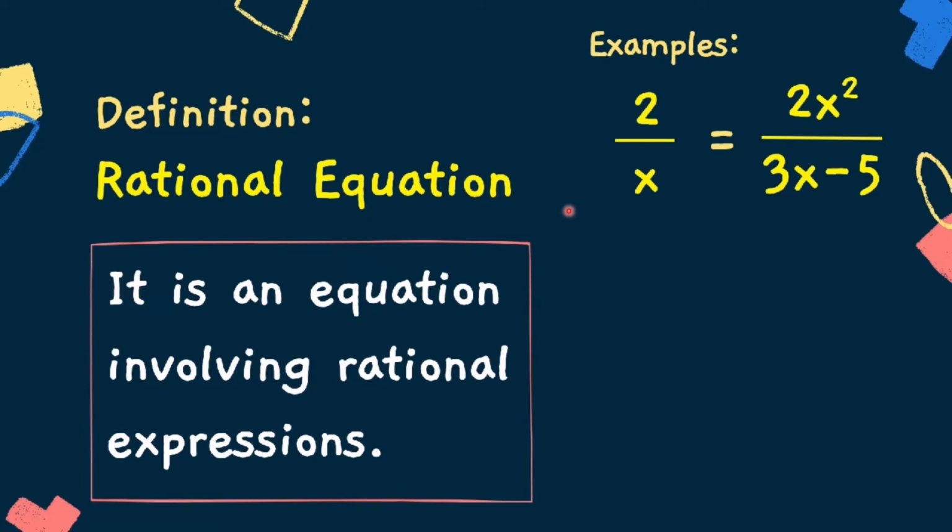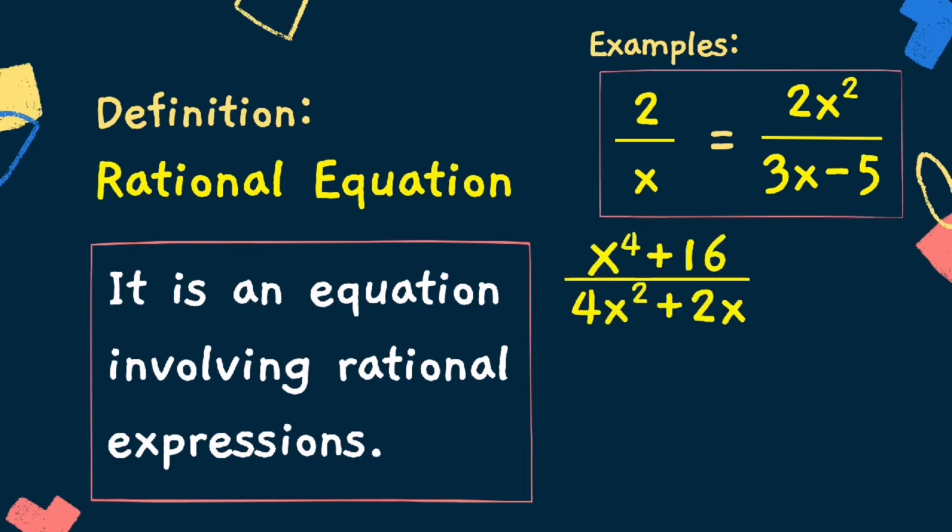So your 2 over x is a rational expression. Or 2x squared over 3x minus 5 is also a rational expression. So we also have x to the 4th plus 16 over 4x squared plus 2x. And we also have 2. So 2 is also a polynomial having one term.